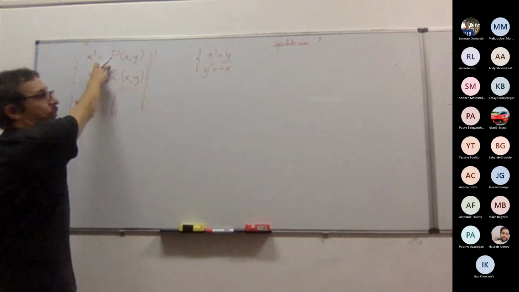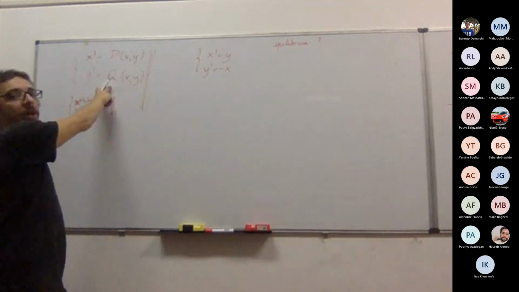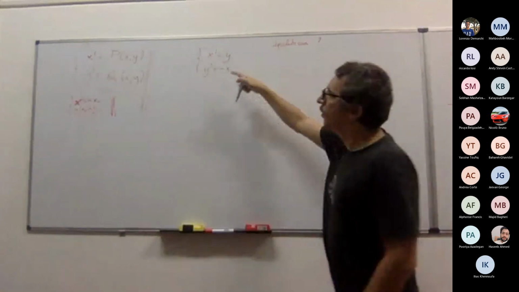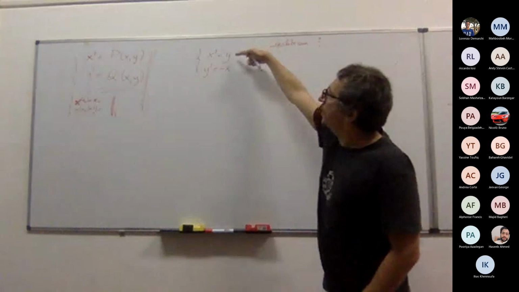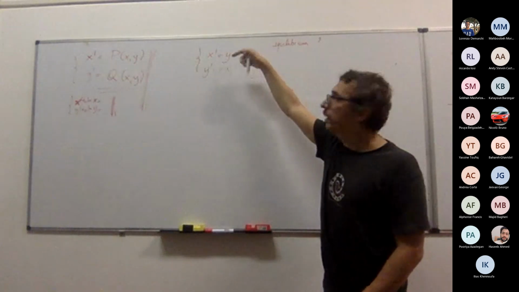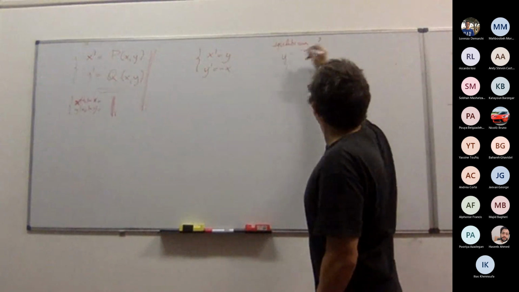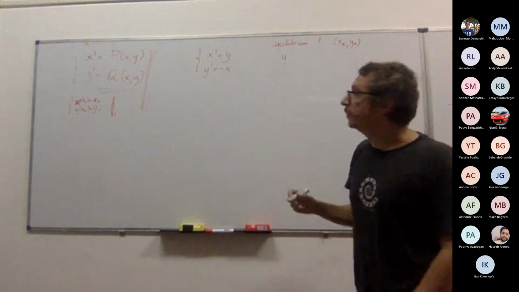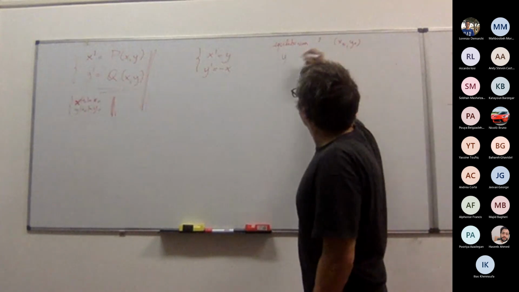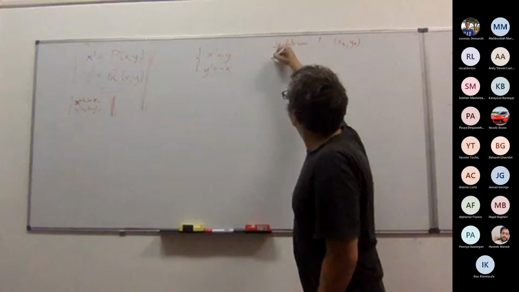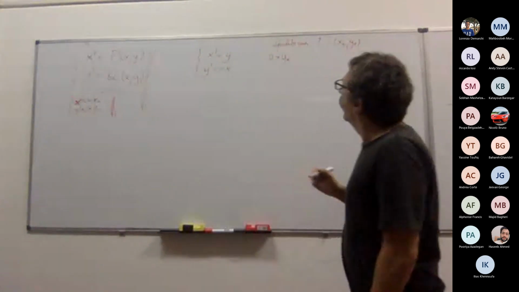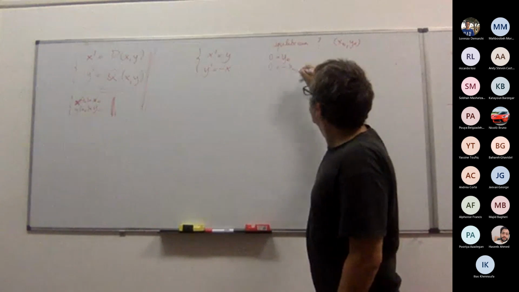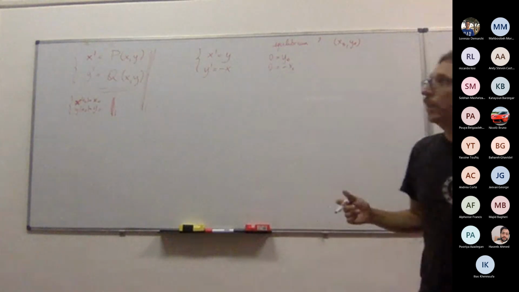So, as we have said, remember that the equilibrium is given from p(x0, y0) equal to 0 and q(x0, y0) equal to 0. So, basically, in this case, my p is just y. So the equilibrium that I will call x0, y0 will have from the first equation y0 equal to 0, and from the second equation x0 equal to 0.